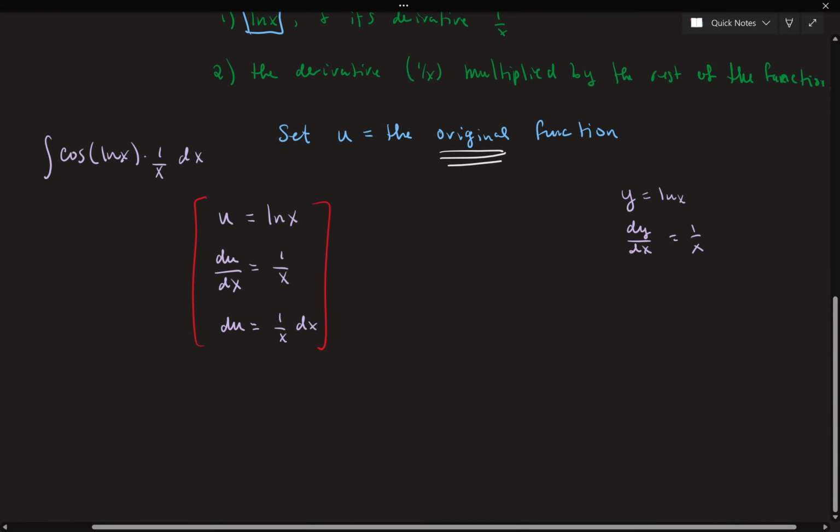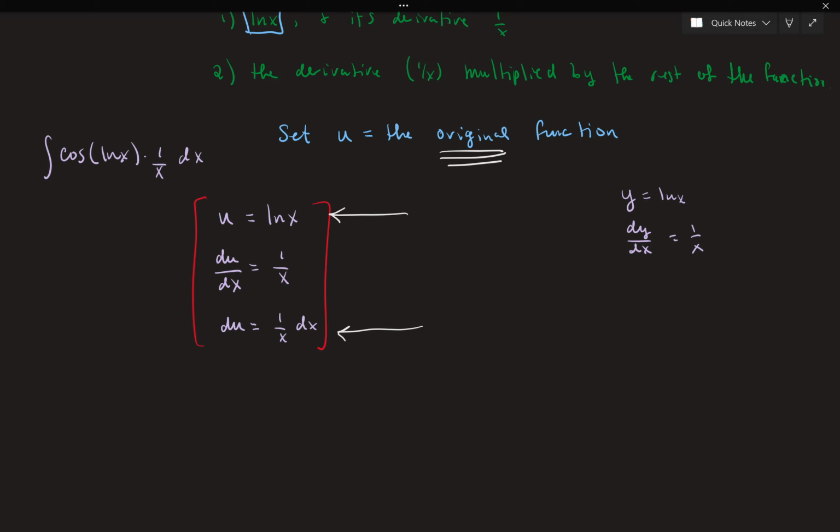And now I will transform this integral and plug in all of these pieces. So I have the integral. ln x I can just replace with u. This is going to go quick, so rewind and pause if you need to. Cosine of u, I'm going to underline the u. Cosine of u, and then 1 over x dx. What's 1 over x dx? That's just du, so I can just sub that in.